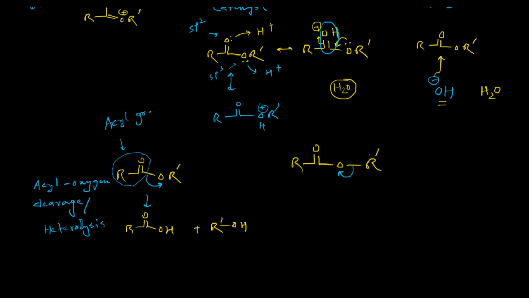And since this is an alkyl group, this single bond is called the alkyl oxygen single bond. After this carbon-oxygen bond cleavage we get the corresponding carboxylic acid along with the formation of the alcohol molecule, and that's why this type of pathway is called alkyl oxygen cleavage or hydrolysis.